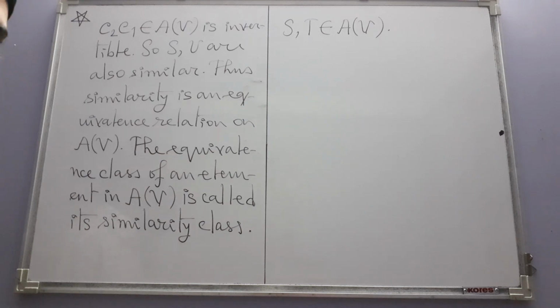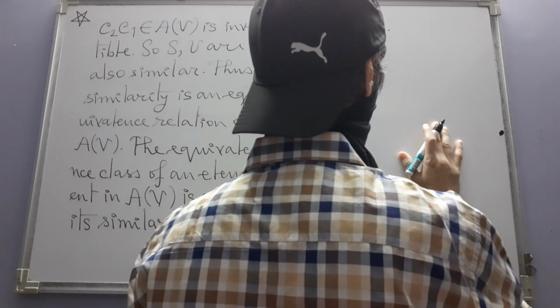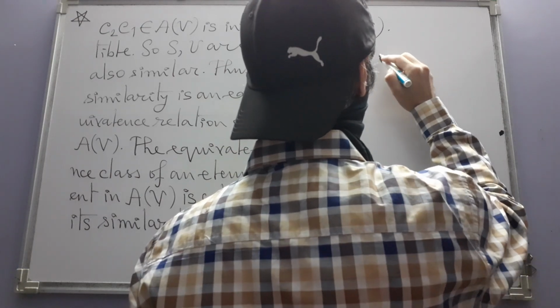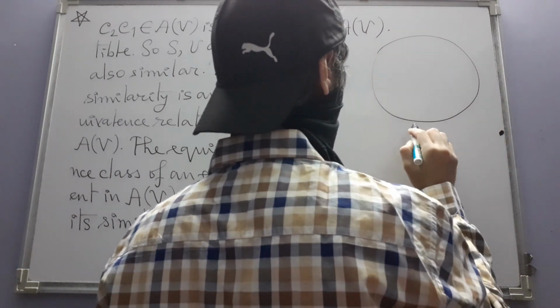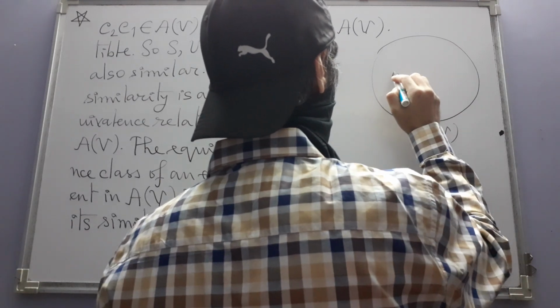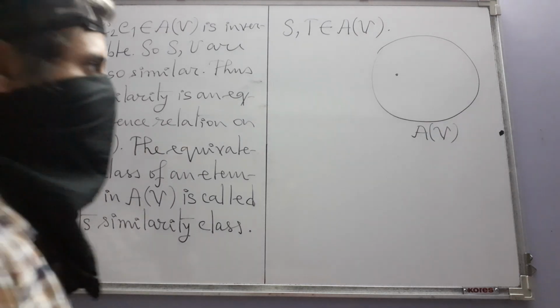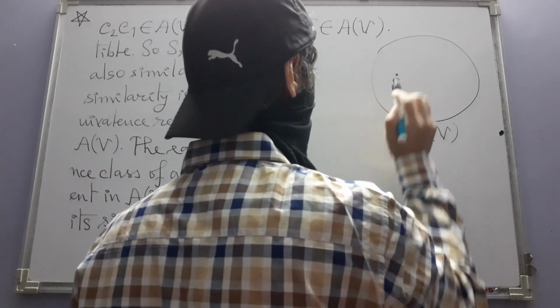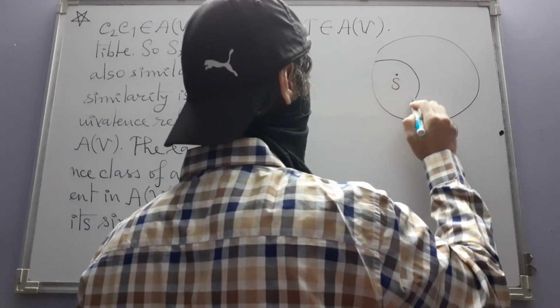What will you do? Well, one way of thinking of this problem is like this. This is your entire A of V. In this, you have the operator S, for example, as an element. Now, S has its own similarity class.